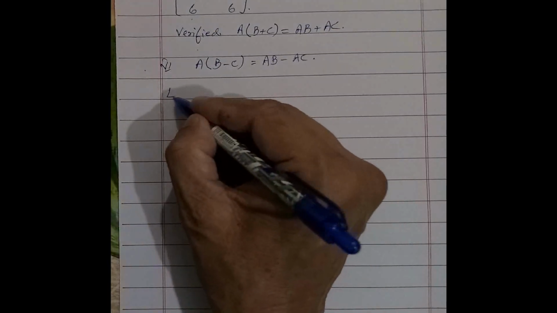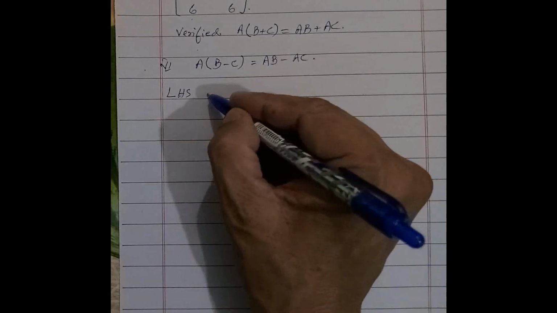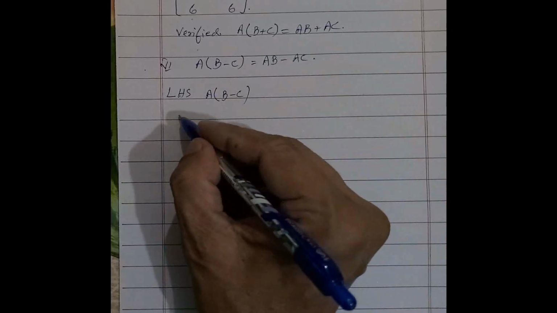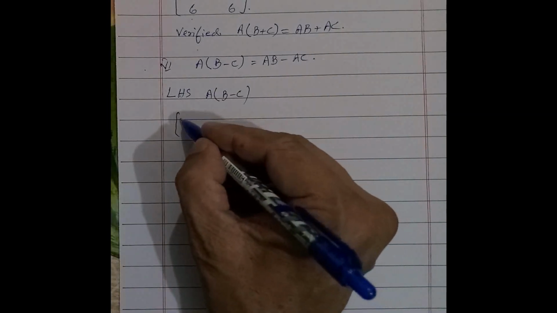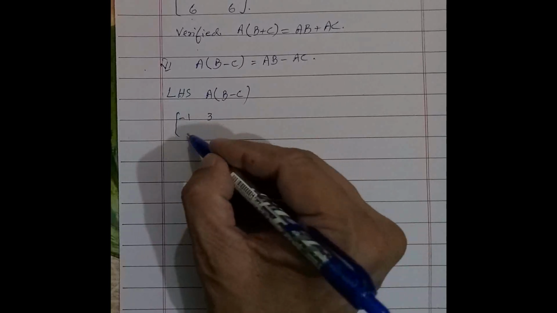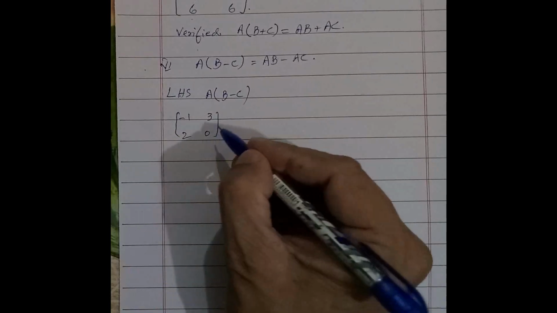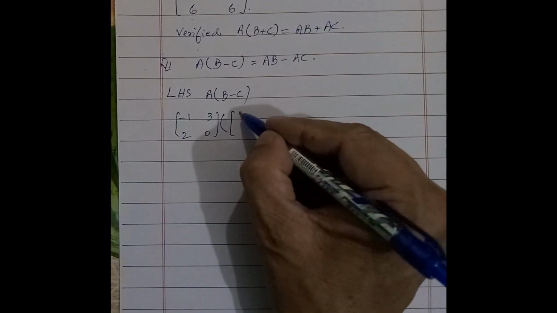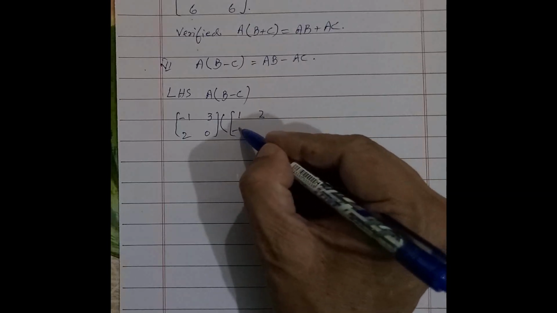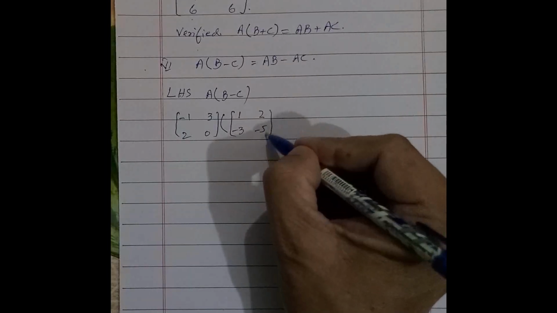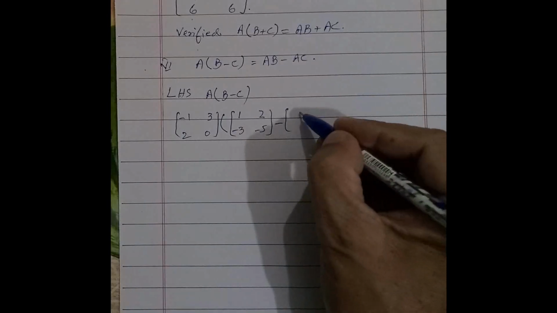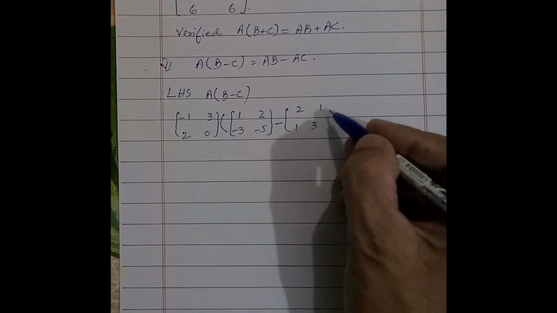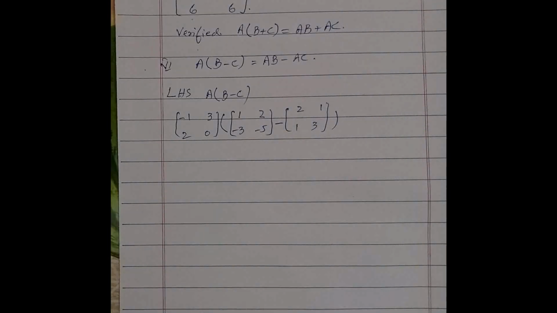Now take left hand side, which is A bracket B minus C. The A matrix is -1 3 2 0, bracket, matrix B is 1 2 -3 -5 and minus C matrix is 2 1 1 3 bracket.